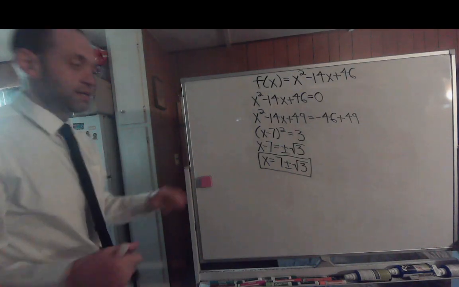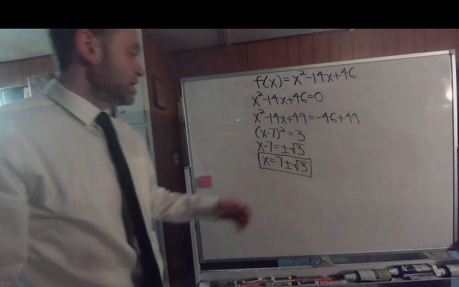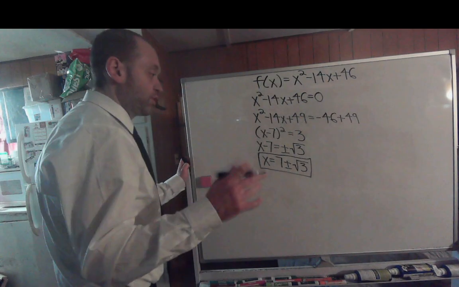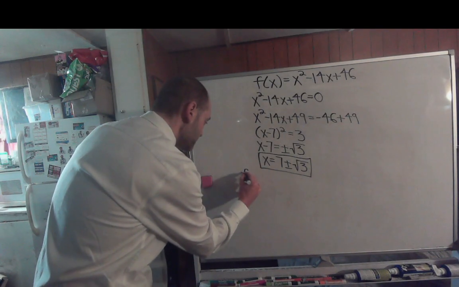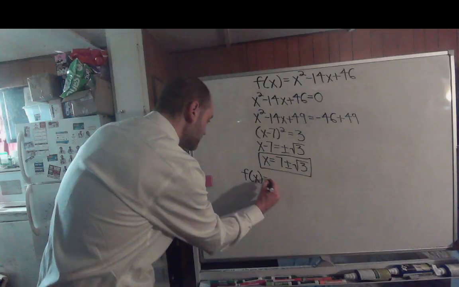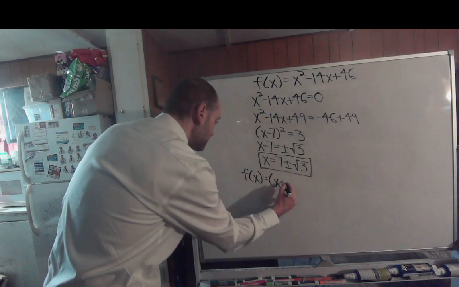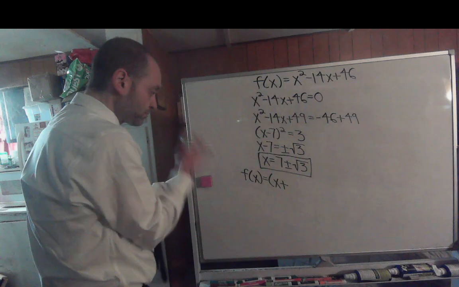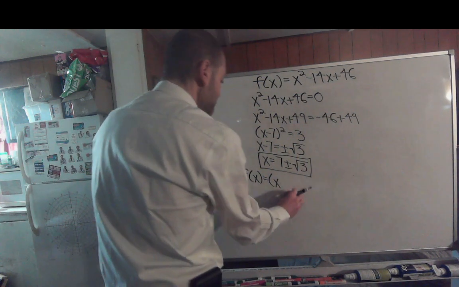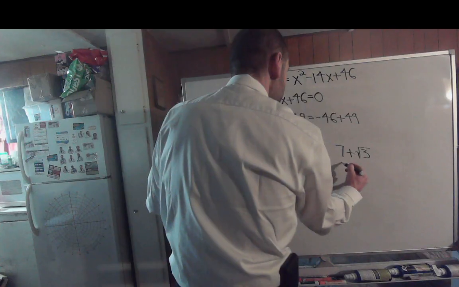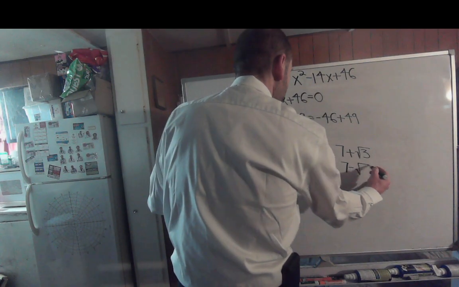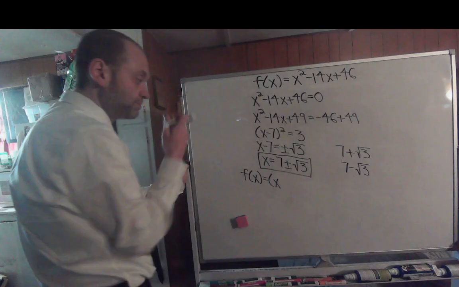of the complex number system, but now we need to figure out how to write this in the form of a linear factorization. So f of x is going to equal, of course, x plus. Now in this case, you have 7 plus the square root of 3, and then you have 7 minus the square root of 3 for your 2 zeros.